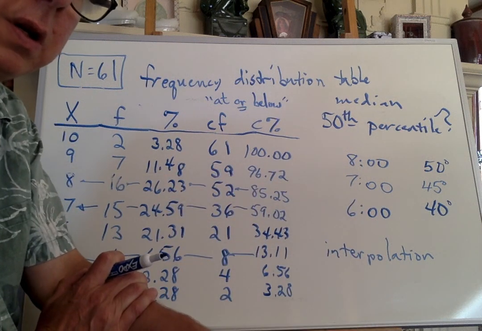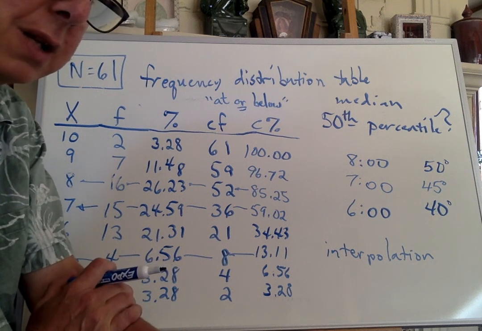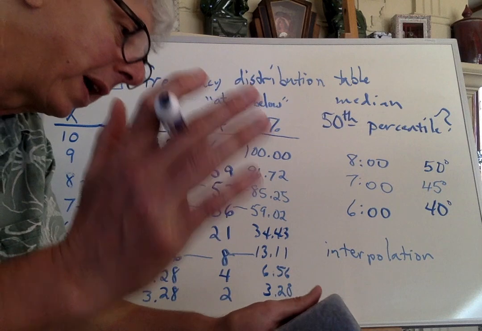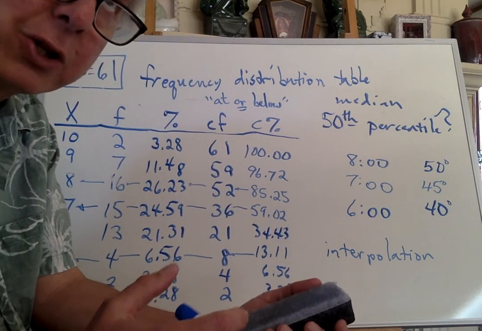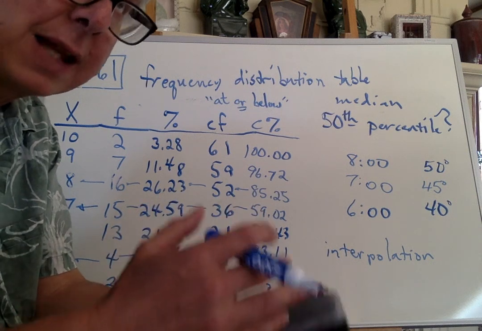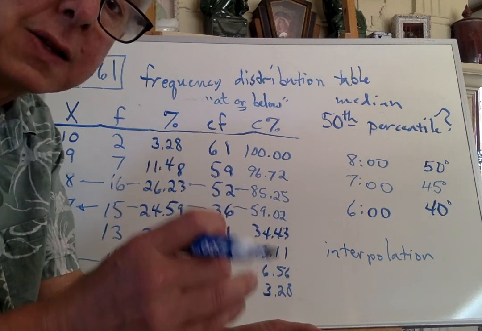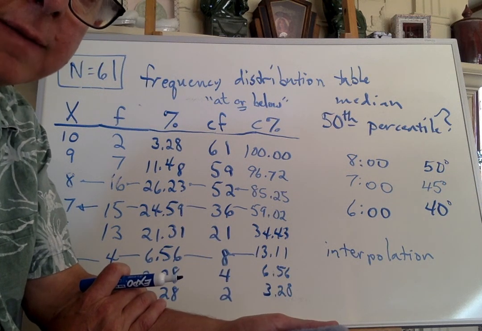Now, everybody with me? If you get that concept, I could say, what do you think the temperature was at 6:18? Oh my God. Well, the numbers become more challenging, right? The math is a little bit more challenging. The concept is exactly the same. Or I could say, what do you think the temperature was at 7:30?